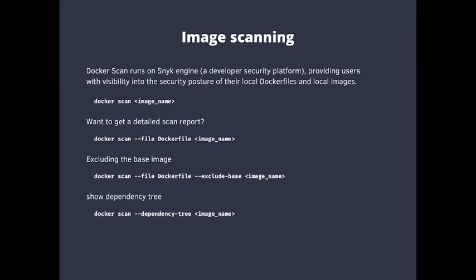Okay, I'm moving ahead now. It comes to image scanning, which is pretty much straightforward. Docker scan runs on the Snyk engine. Basically, it's a security platform, and it has all the vulnerabilities listed on their servers, so that they can utilize the patterns to scan our images.